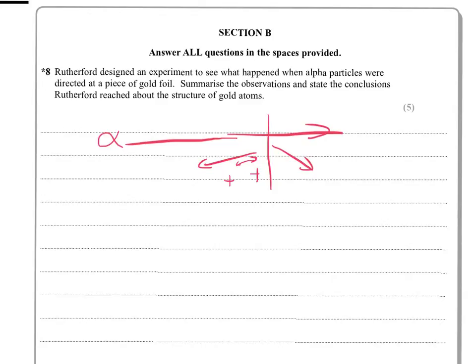The ones going straight through tell us that most of the material is concentrated in very tiny locations, and therefore most of the atom is empty space. The nucleus is very, very tiny. It's positive, and almost all of the mass of the atom is contained there.